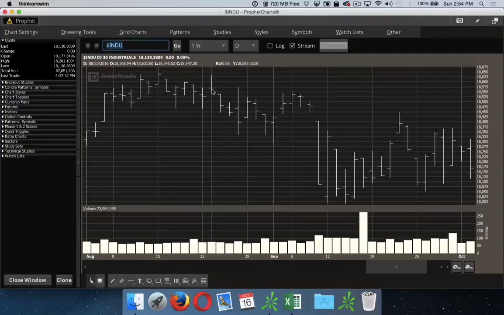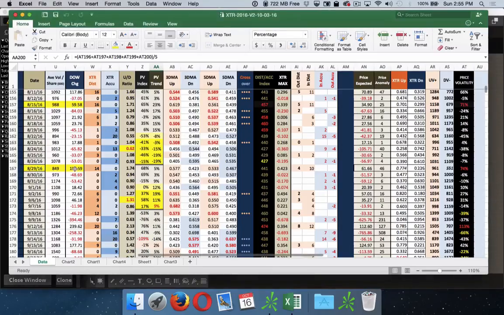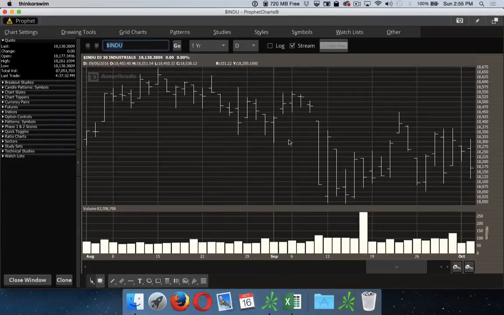We had a little upturn here, and then it started coming down, and there was a lot of distribution in here. But then we declined a little bit here on the 26th. Let's see what we did on the 26th. A little bit of accumulation, down 53 points. It's not huge.